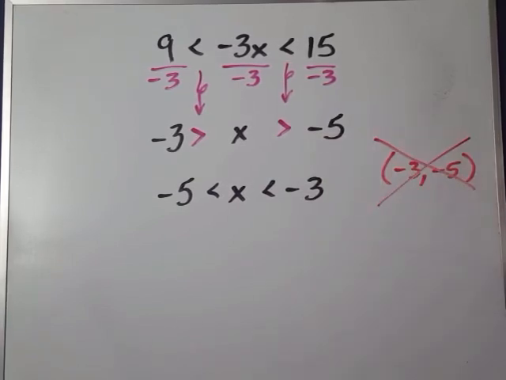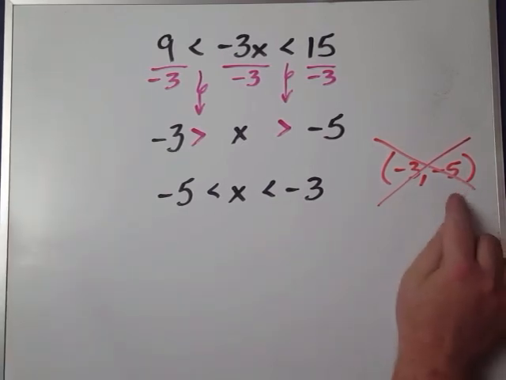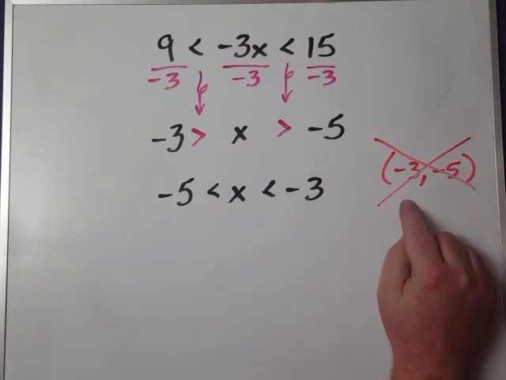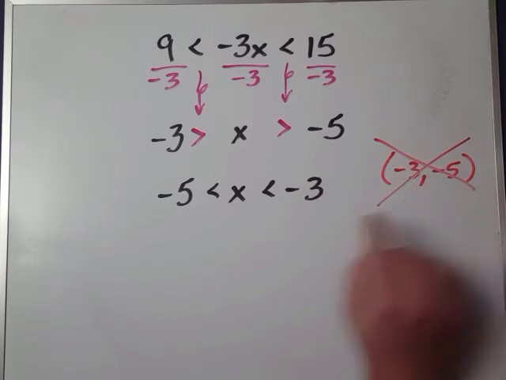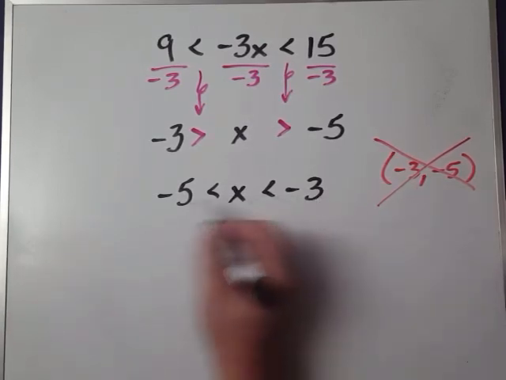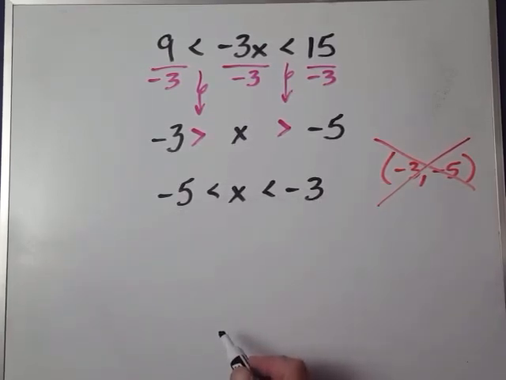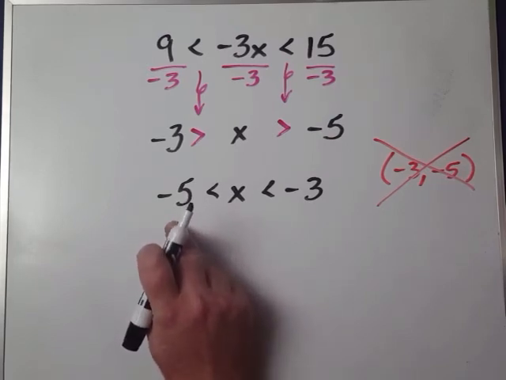And I'm going to count it wrong, because that's not what that says. Unless the smaller number is on the left, it doesn't say what you think it says. The smaller number must be on the left. So we might as well turn our triple inequalities around so that the small number is on the left.